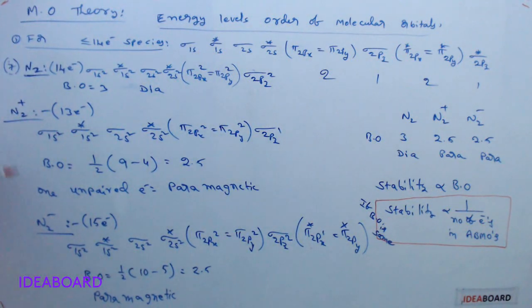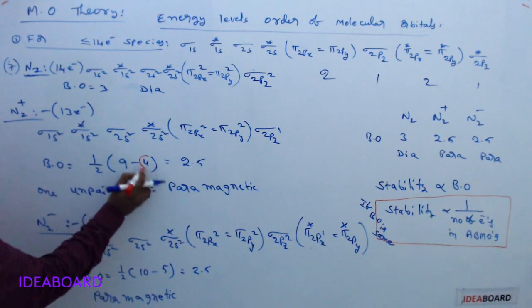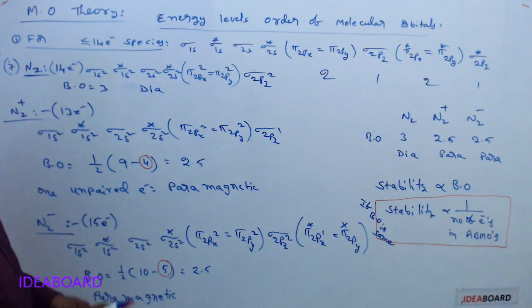Now check N2 minus and N2 plus, which has more antibonding electrons. Here the number of antibonding electrons is 4, and here antibonding electrons are 5. So the number of antibonding electrons is more in this.